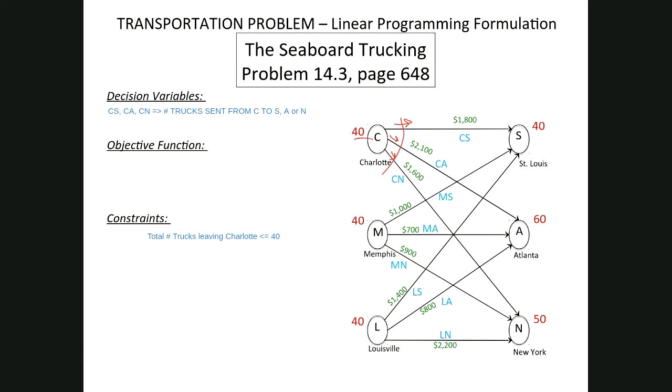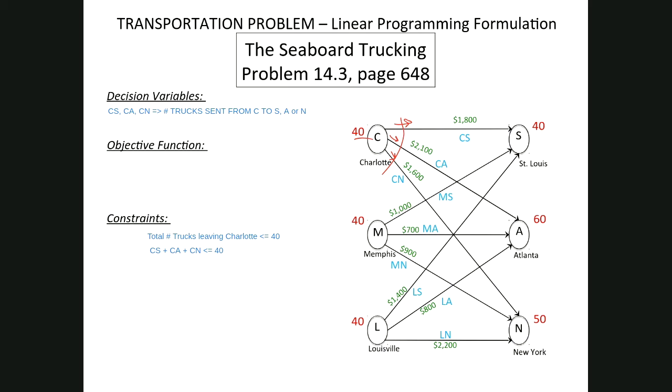Well, hopefully at this point you're way ahead of me, and you can see that the total number of trucks leaving Charlotte is the total of CS plus CA plus CN, and that has to be less than or equal to 40 trucks. So that's how we're going to construct each one of these 6 constraints.